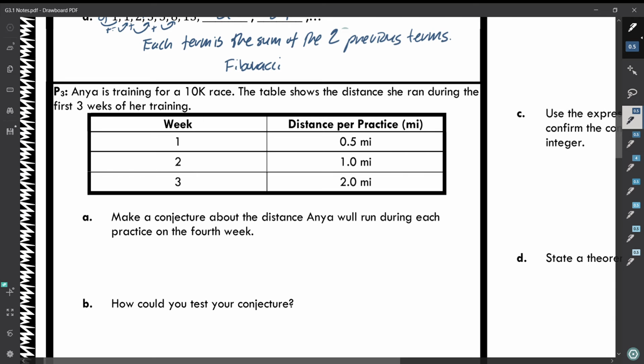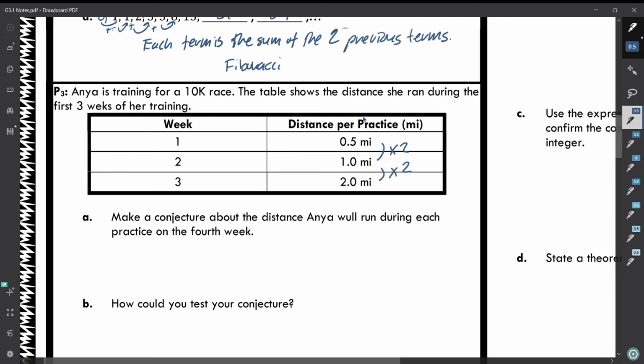So we're going to see how far she's run in the first 3 practices, okay? Her first week, she ran a half a mile. Second week, she ran 1 mile. And then the third week, she ran 2 miles. So basically, every week she's doubling her previous week's time, right?